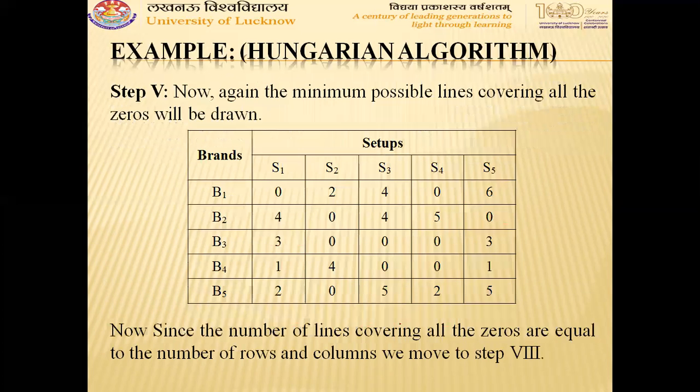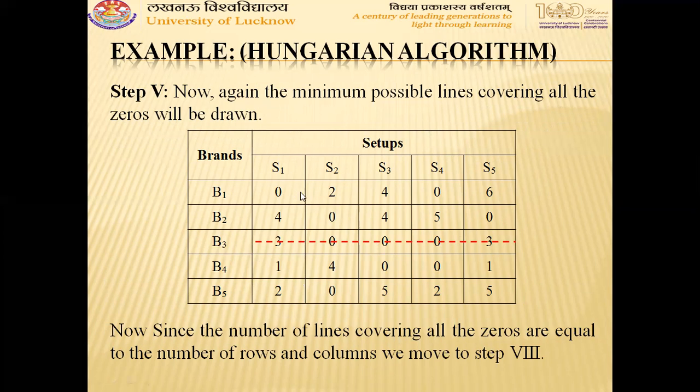Now we again consider this table and again draw the lines. Here we can see the maximum number of zeros occur in B3. So first we draw the line according to the row of B3, that is, cover 3 zeros.